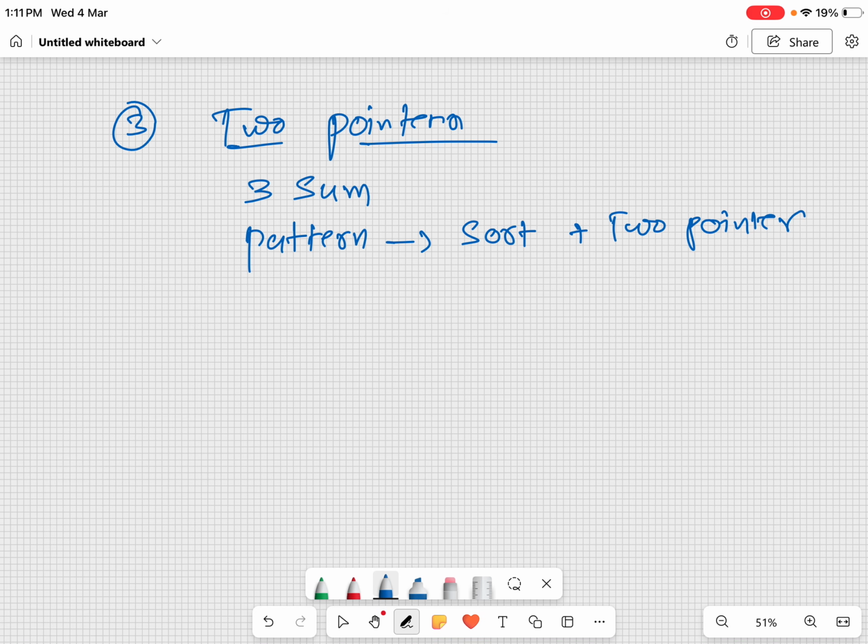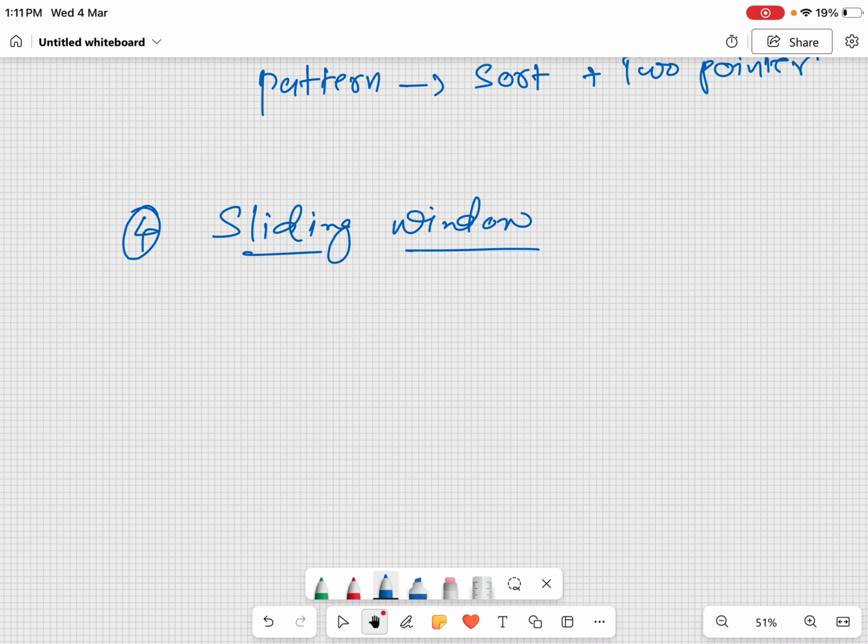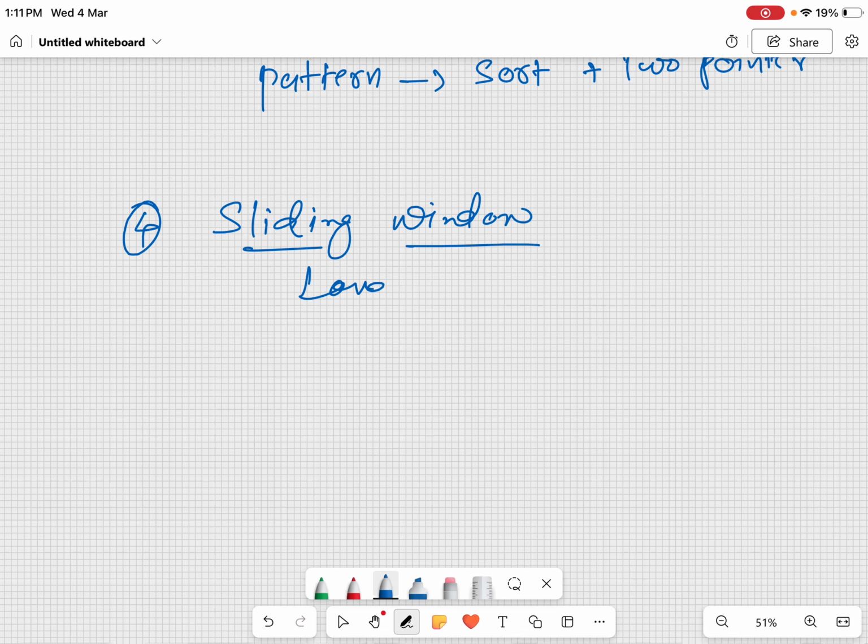Next I would say the sliding window pattern. This problem would be longest substring, and the pattern we use to solve this problem is sliding window.